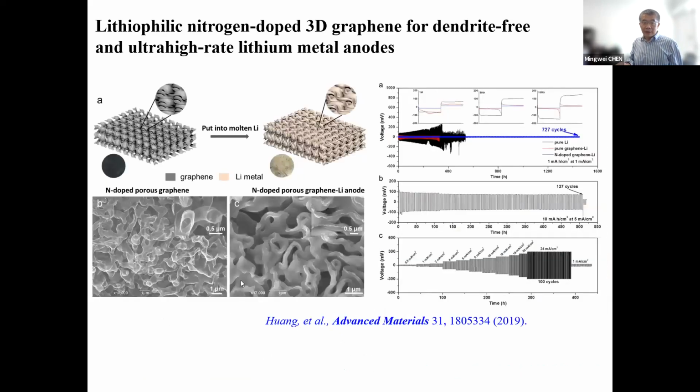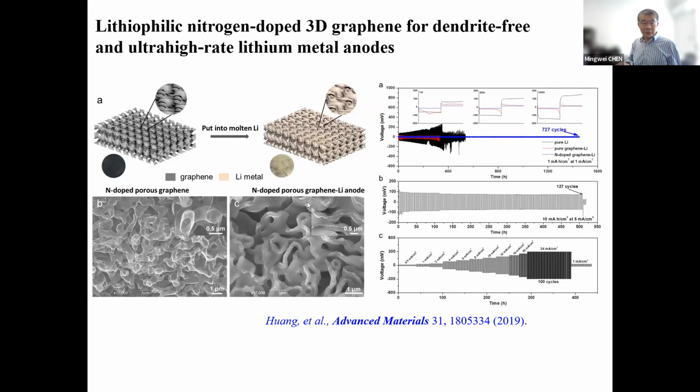Because of the large surface area, you can do chemical doping. You can load metal like lithium metal into the inside of the channel to form this kind of lithium metal anode, right? With large surface area and minimum local current density, they also prevent dendrite growth, which is the key challenge for this metal anode.